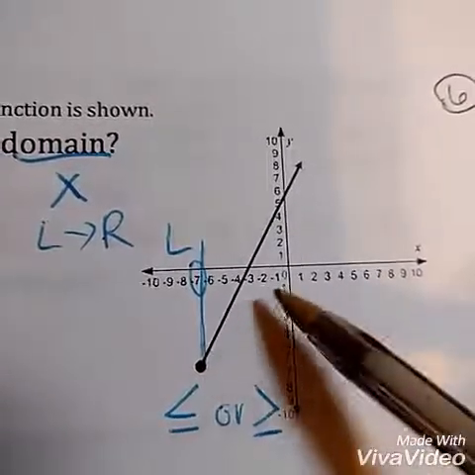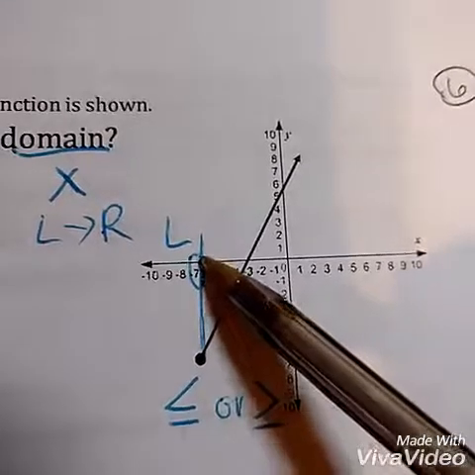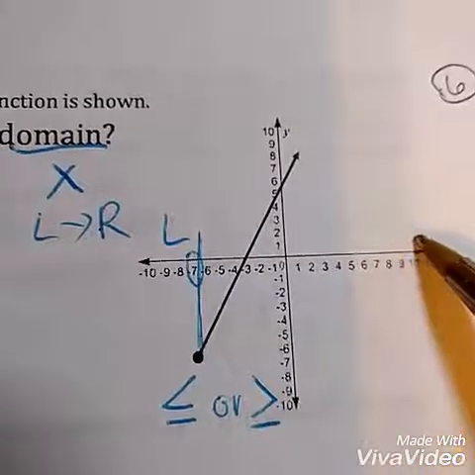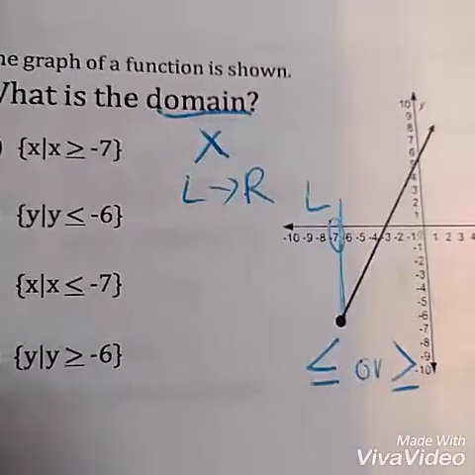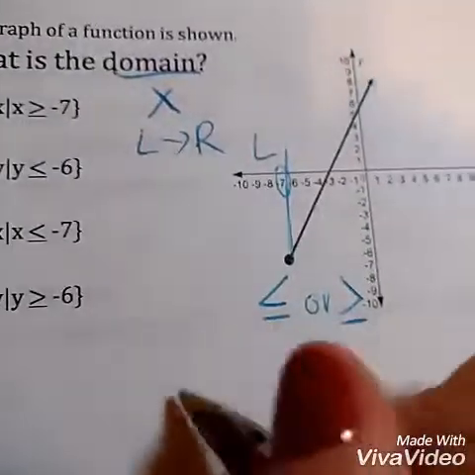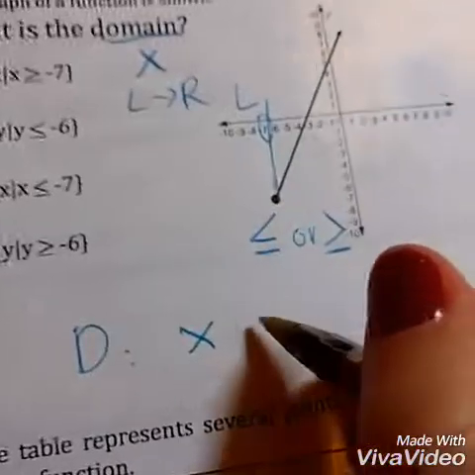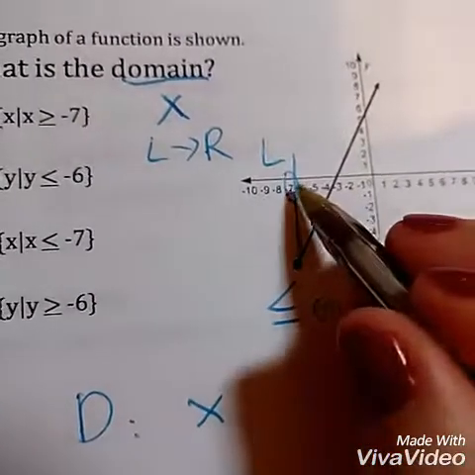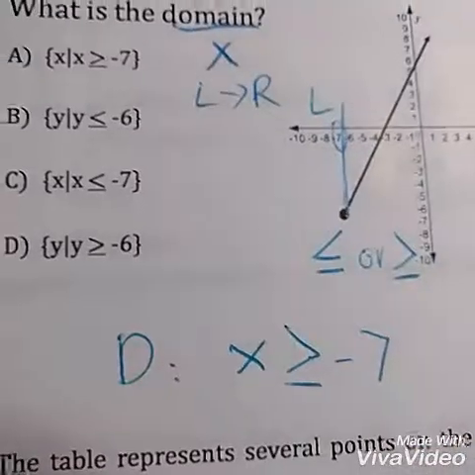So I'm only going to have negative 7 as the lowest X value, and the arrow keeps pointing in the right direction. That means it includes all the numbers greater than negative 7. Domain is X, so I'm going to start with X. I'm just going to write X greater than or equal to negative 7.